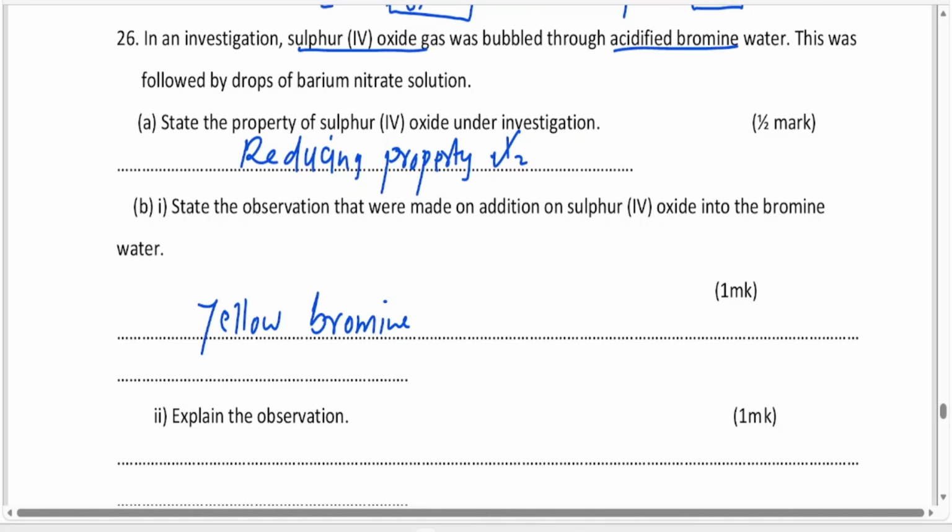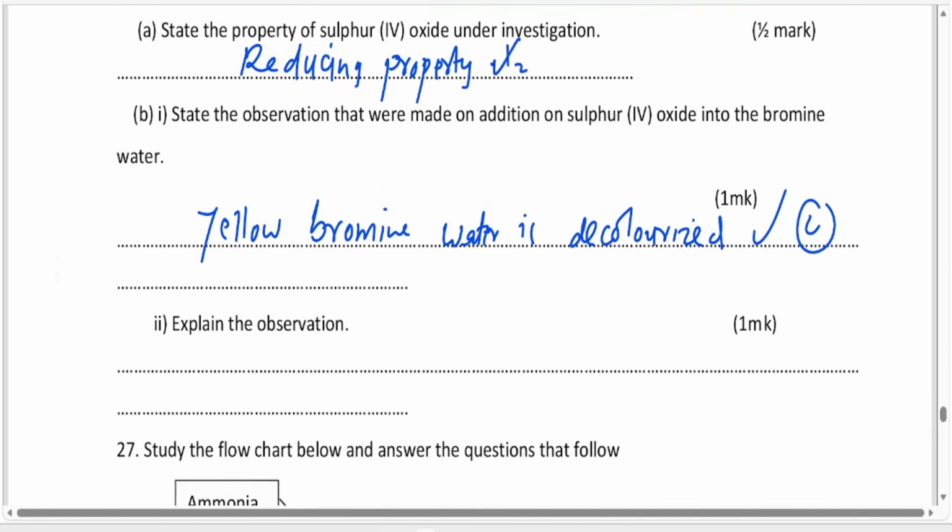Or we can say orange bromine water sometimes. But let's use yellow. Most of the times we use yellow. Yellow bromine water is decolorized. 1 mark.